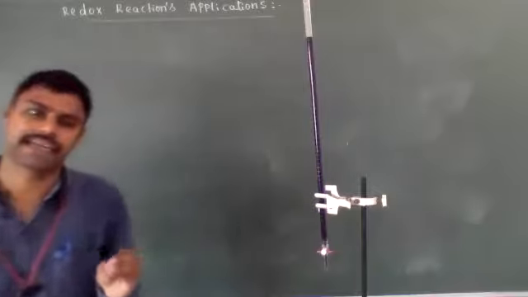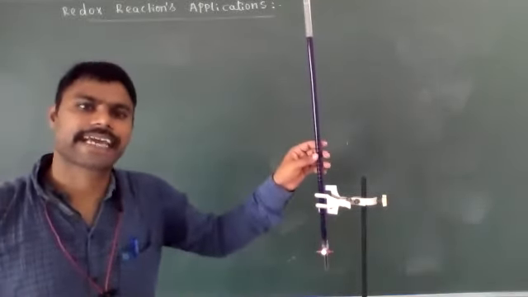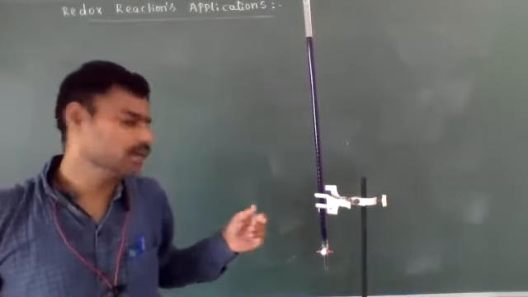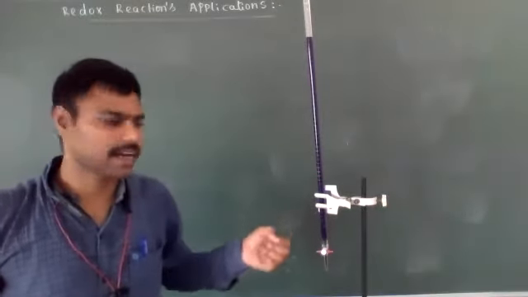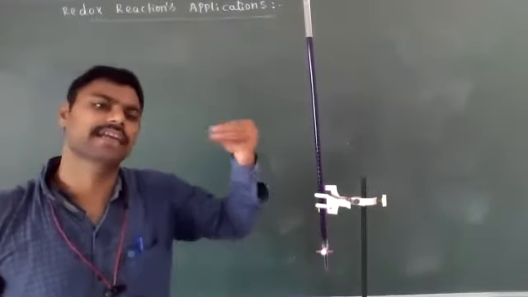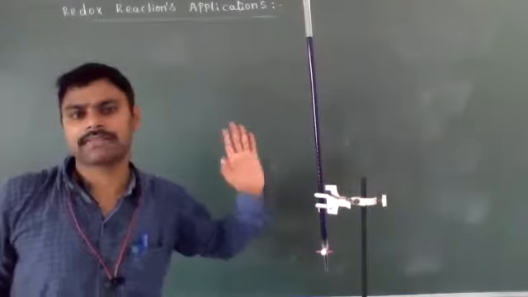In first PUC practicals, acid-base titration is there, but in second PUC, redox titrations are there. When regular classes start and the college reopens, we will do these practicals once again. Everyone can do individually, no problem. I can make arrangements in our chemistry lab.